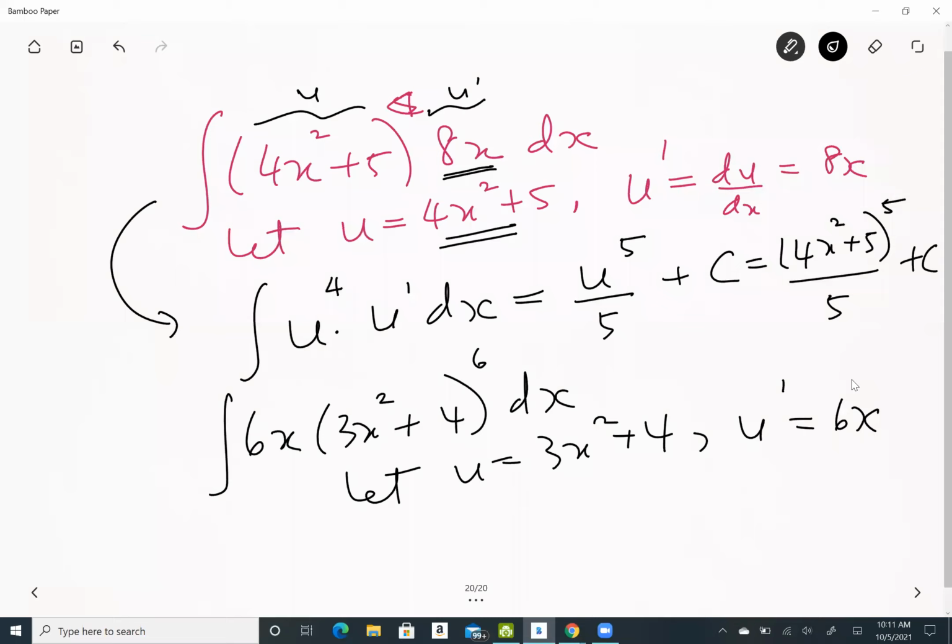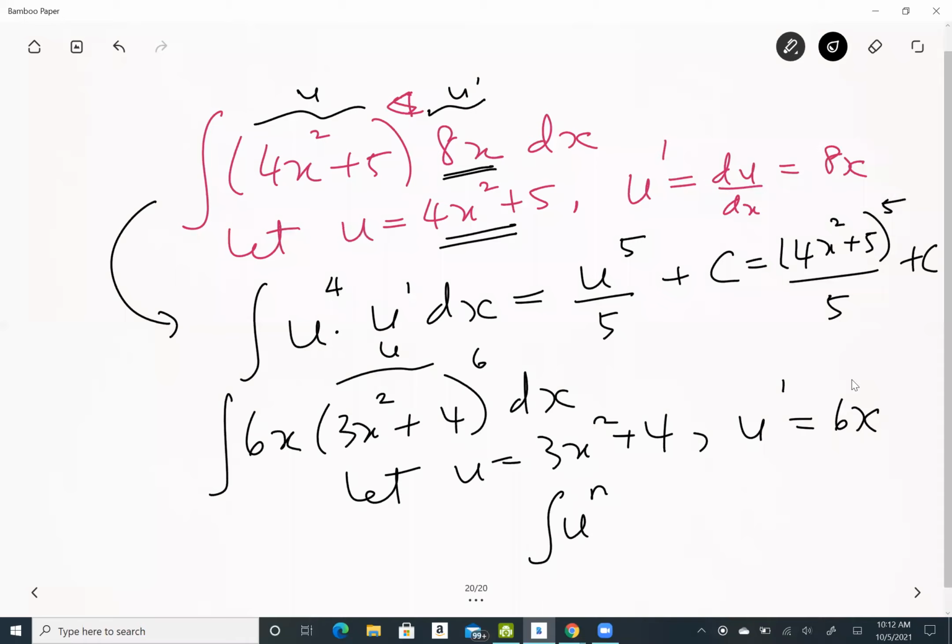So you look back into the function. Here you have u, which is 3x squared plus 4. So I have the integral form u to the power of n; of course, n is 6, so you can put either n or 6. Then you move back to the equation.